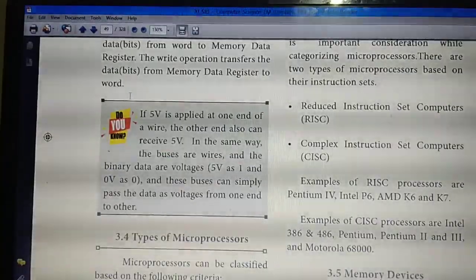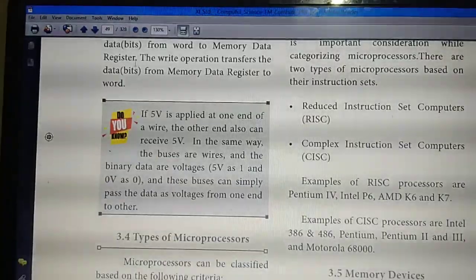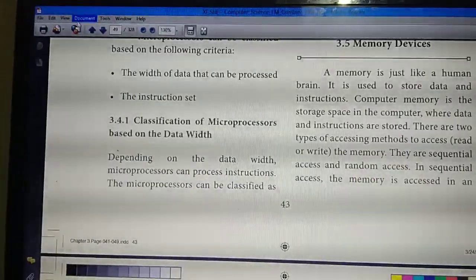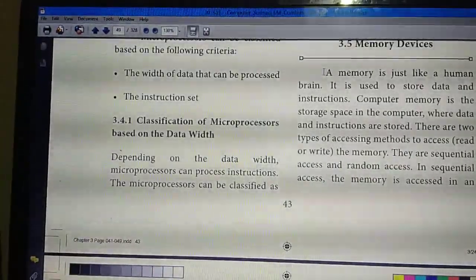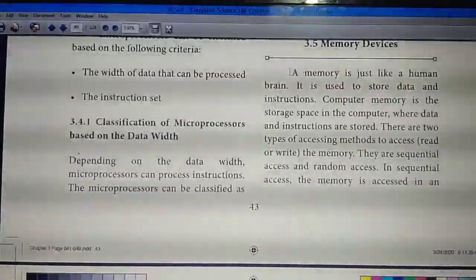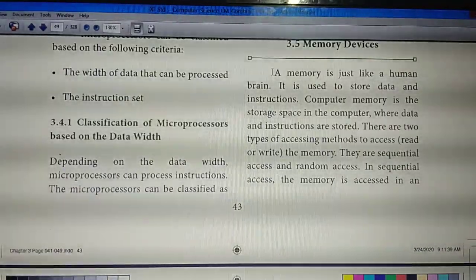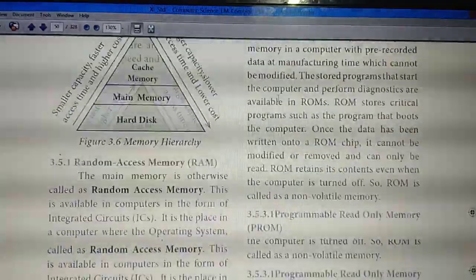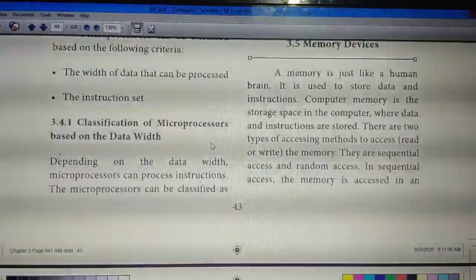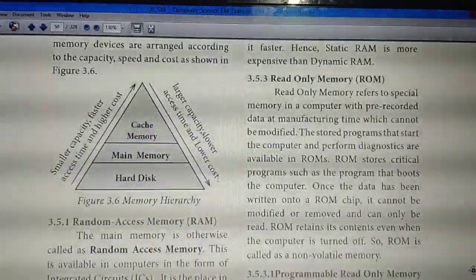So I will mark. Next question, arrange the memory devices in ascending order based on access time. Page number 43, memory devices. Starting from here, a memory is just like a human brain, from here up to this diagram, memory hierarchy.